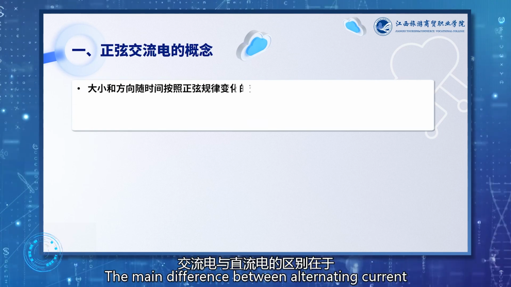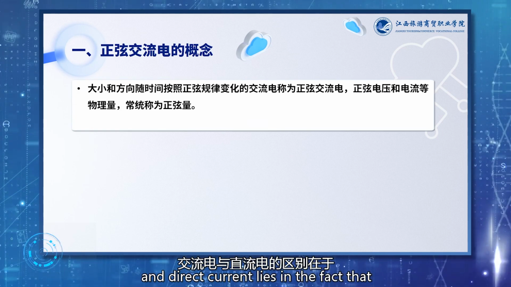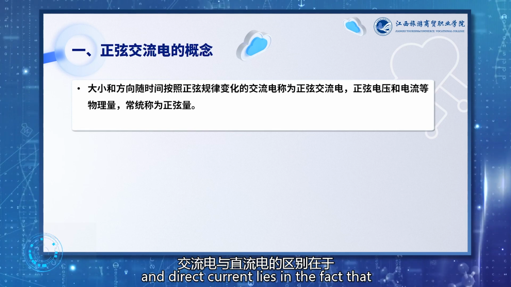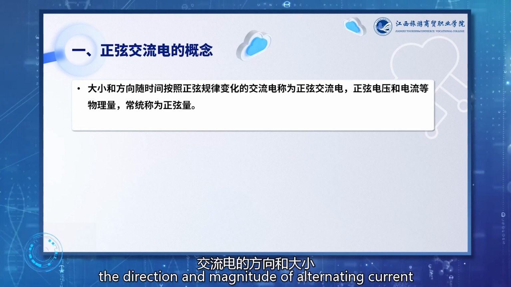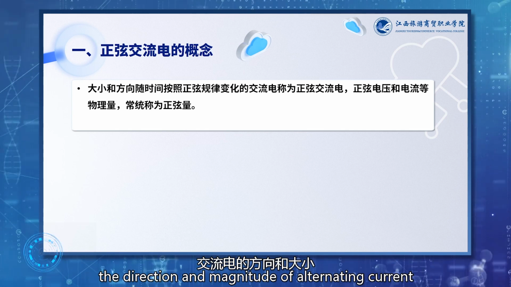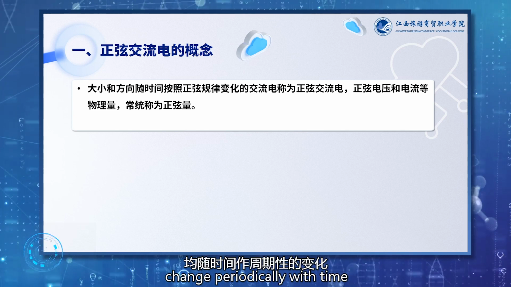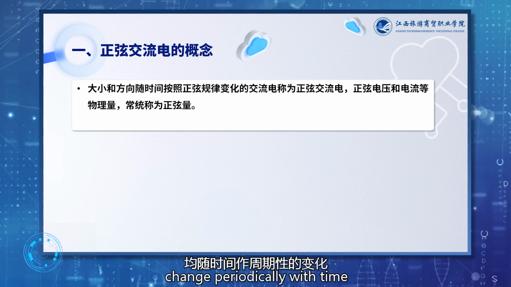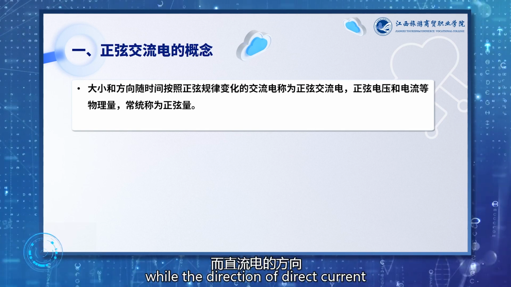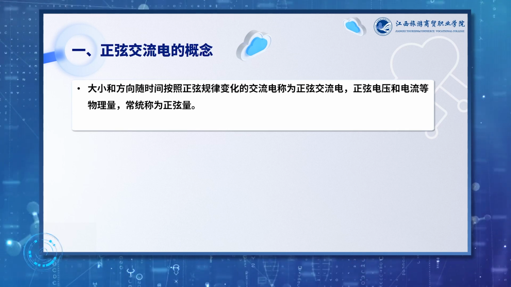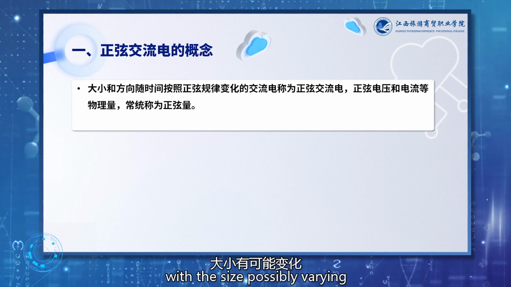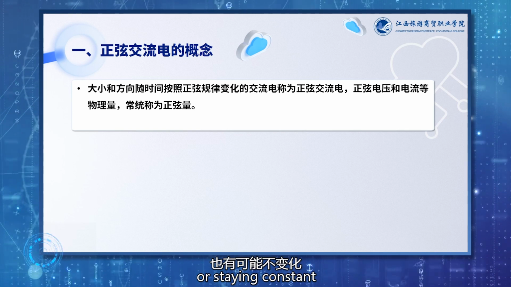The main difference between alternating current and direct current lies in the fact that the direction and magnitude of alternating current change periodically with time, while the direction of direct current remains constant over time, with the size possibly varying or staying constant.